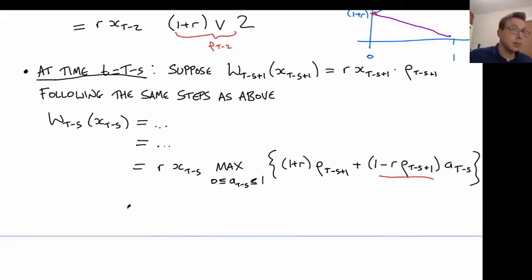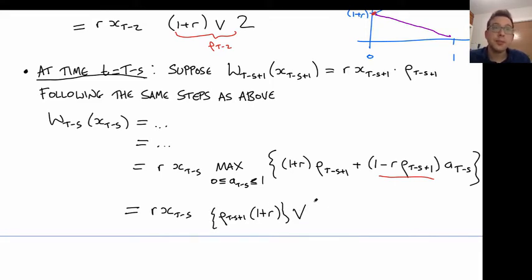So this is equal to r of t minus s, and then depending on the outcome of these two, I either have a solution where a equals 0, which gives me rho of t minus s plus 1 times 1 plus r, or a equals 1, in which case this term cancels with this term and I get rho of t minus s plus 1.